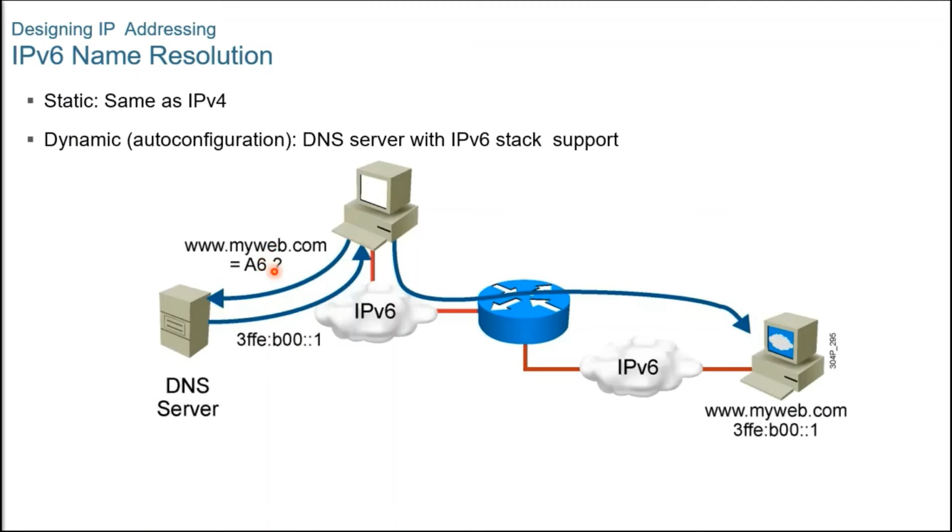The task of querying for the address is done with the name resolver, which is usually part of the operating system. So the network administrator must set up the appropriate DNS server with IPv6 support and connect it.